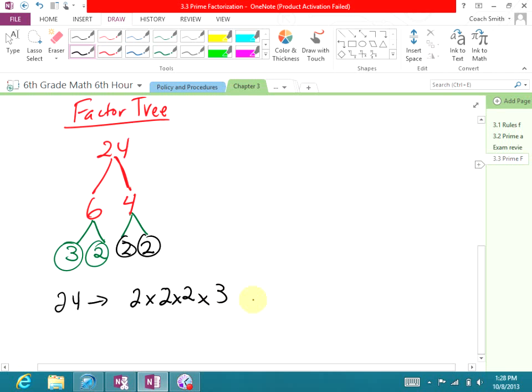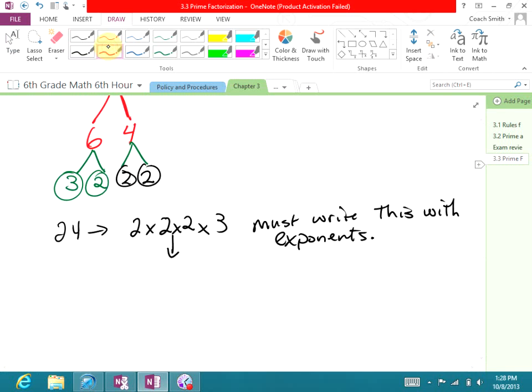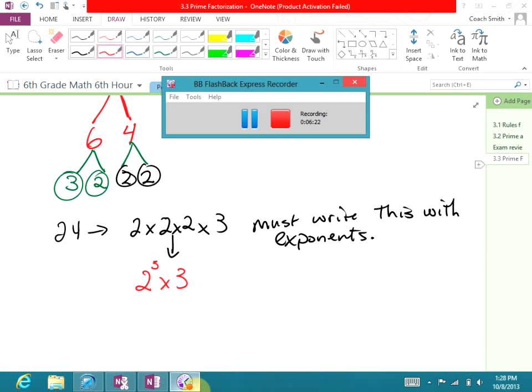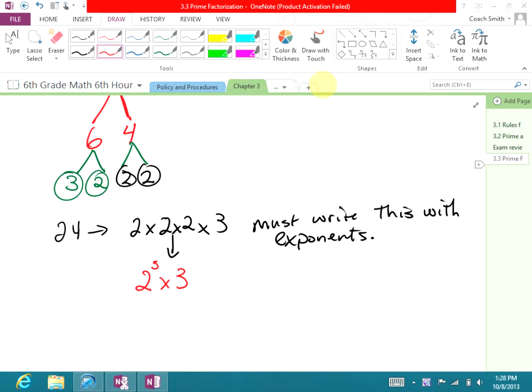Now, I must write this with exponents. So, I need to write that as 2 to the third power times 3. It is 2 to the third power because I have 1, 2, 3 2's.